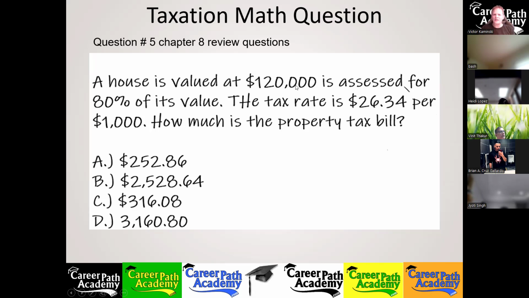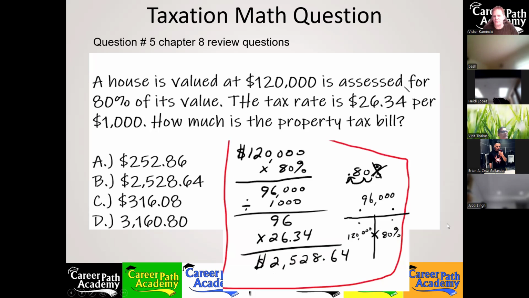Okay, so 80% of 120,000 is 96,000. It says you got to figure out based on the tax rate, which is calculated per $1,000 of value. So how many thousands are there in 96,000? 96. And then we multiply 26 by the mill rate. So it's B. And that's how we came up with it.